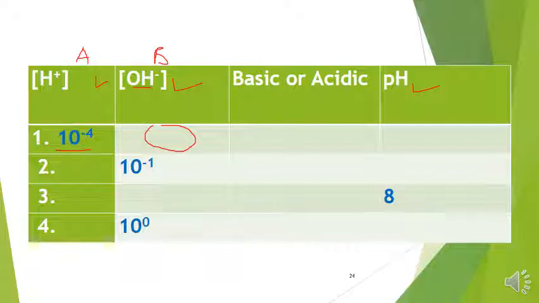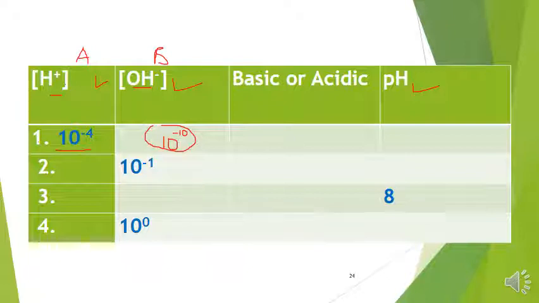To figure out the amount of OH, remember that the product of H plus and OH minus has to be 10 to the minus 14th. So minus 4 plus what gives me minus 14? Minus 10. So 10 to the minus 10th. Which of these 2 numbers is bigger, 10 to the minus 4th or 10 to the minus 10th? Well, minus 4 is bigger than minus 10.